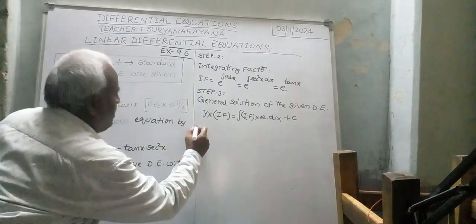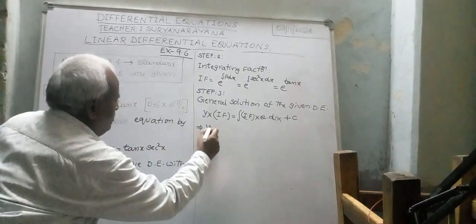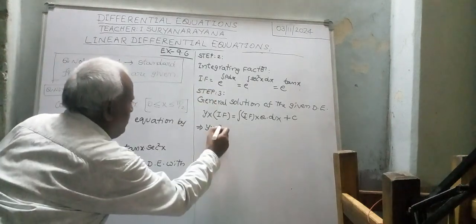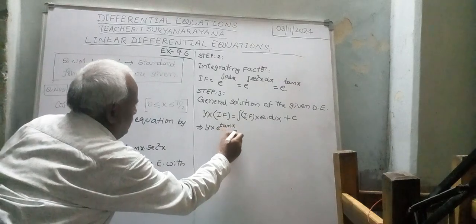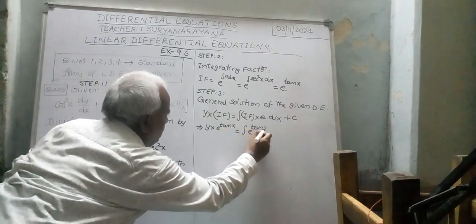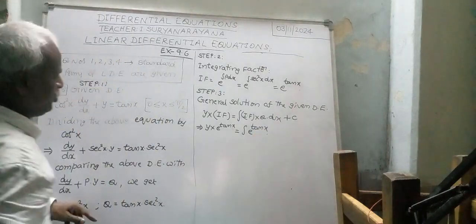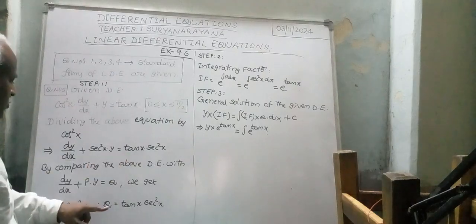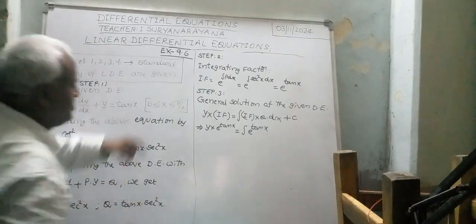Okay, this implies y into, what is the integrating factor? e power tan x is equal to integral e power tan x into, what is q here? Tan x secant square x.